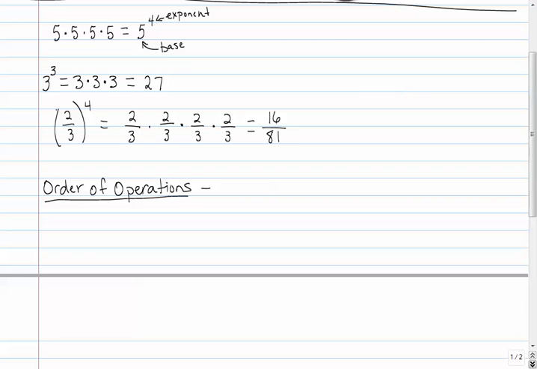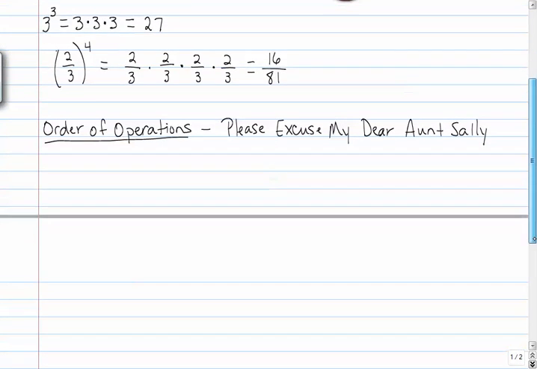Now there's a saying to help you remember the order of operations, and it's please excuse my dear Aunt Sally. Please excuse my dear Aunt Sally. That's to help you to remember what order to go in.